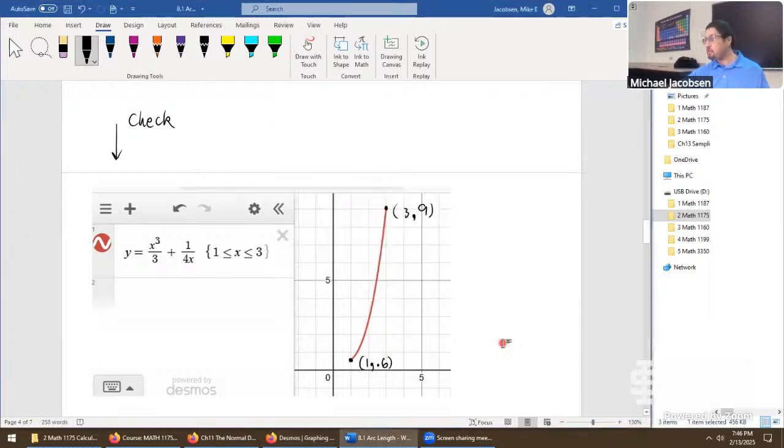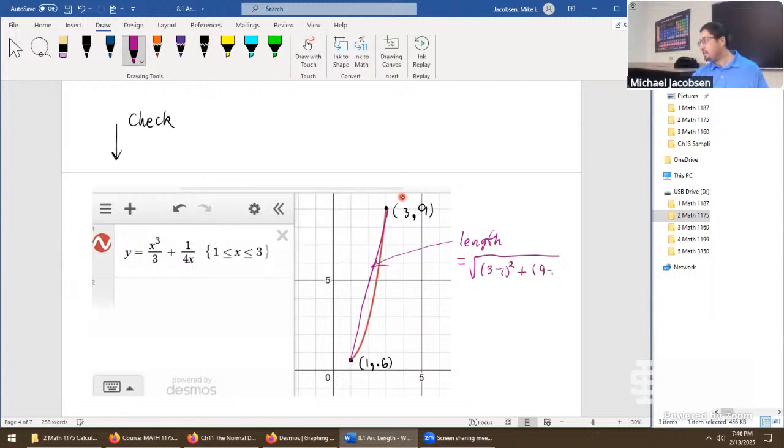So the distance between those 2 points, relative to this vertical line segment, has length equal to the square root of the difference in the x coordinates, so 3 minus 1 squared, plus the difference in the y coordinates squared, so 9 minus 0.6 squared.